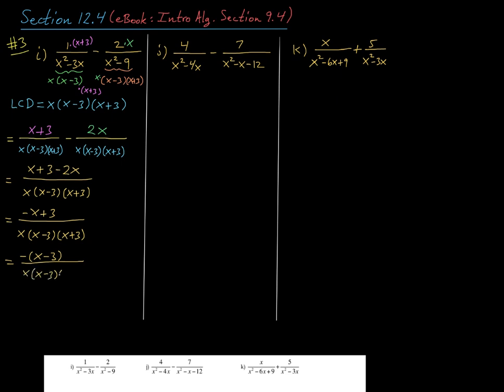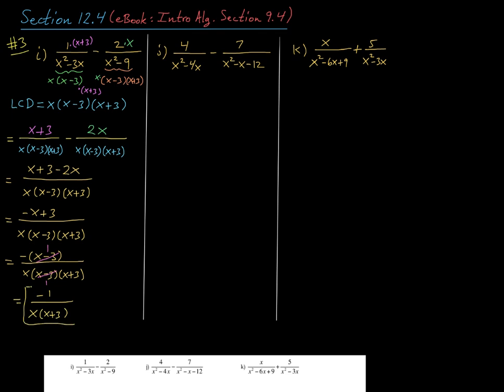And so then what we're left with is a common factor of x minus 3. And that's going to divide out. So when all is said and done here, we're going to wind up with a minus 1 in the numerator, and then an x times an x plus 3 in the denominator.